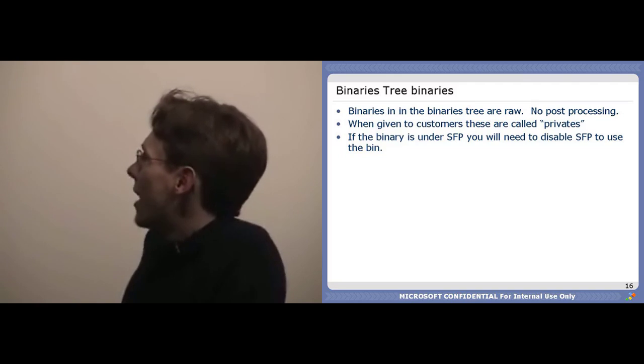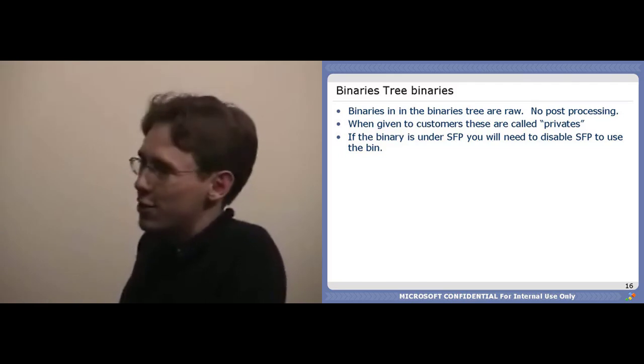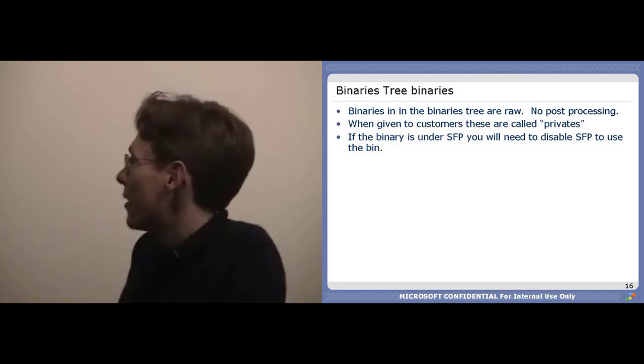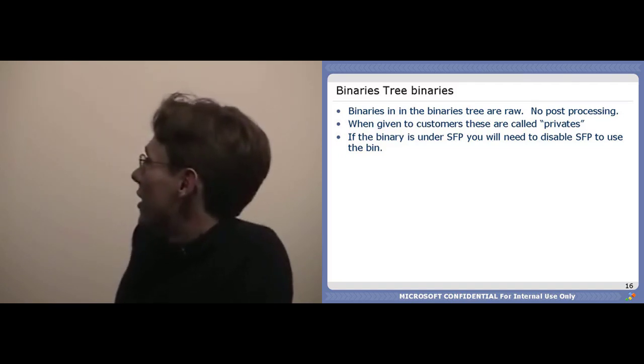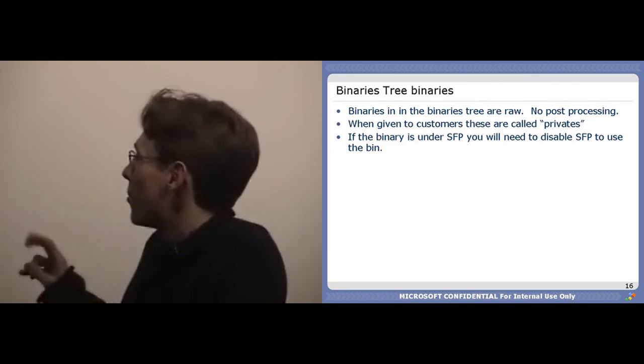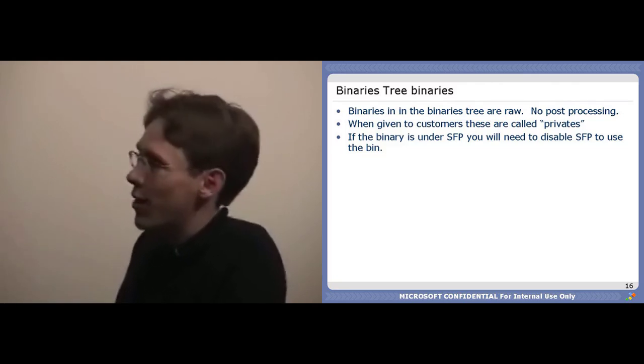So the binary tree, binaries. Once you've gone through and got your enlistment and compiled your binaries, and it's 8 hours later, you look at them and realize they aren't going to do you a lot of good because they're raw, meaning they don't have any post-processing.